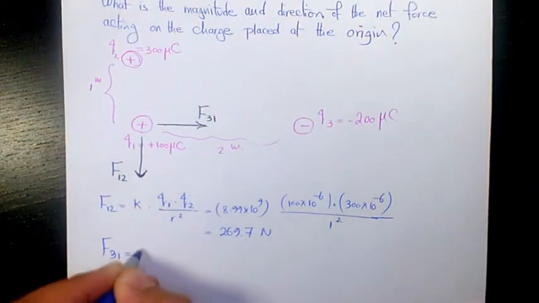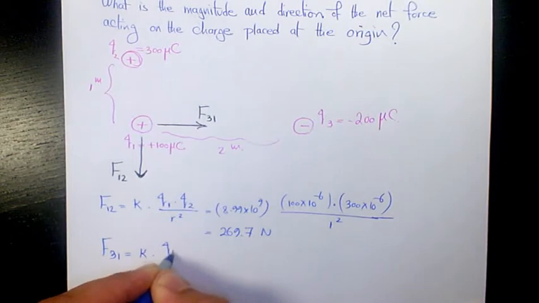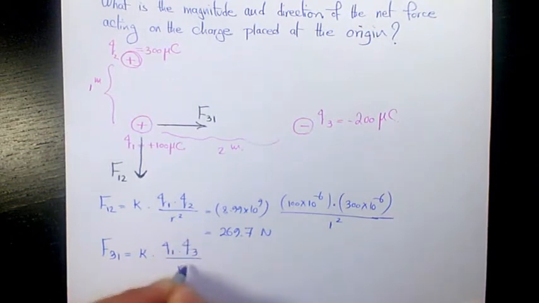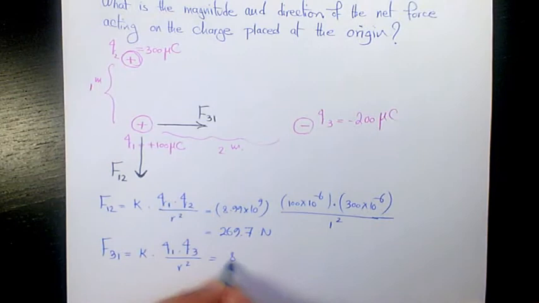F31 now is going to be k times Q1 times Q3 divided by r squared. That's going to be 8.99 times 10 to the power of 9.